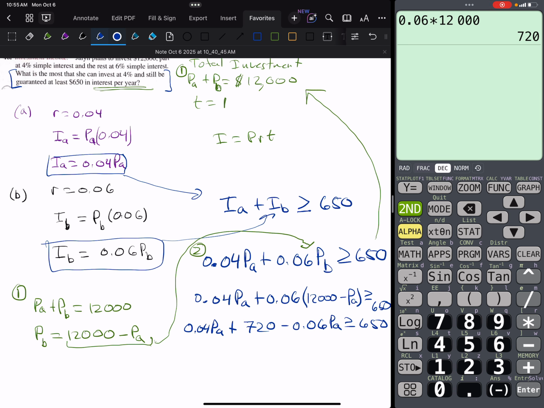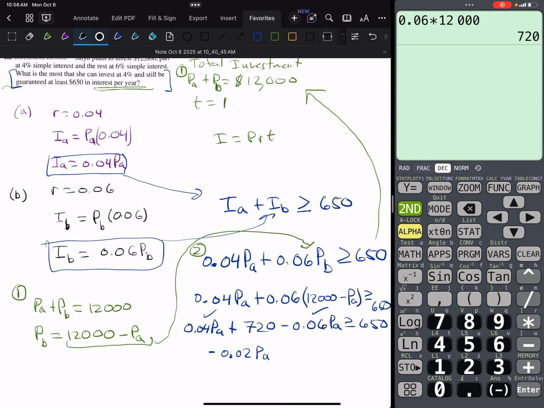Well, I want to get all my PAs on one side and all my numbers on the other side. And so when I combine those two values for PA, I'm going to get minus 0.02 PA, right? 0.04 minus 0.06 leaves me with negative 0.02.